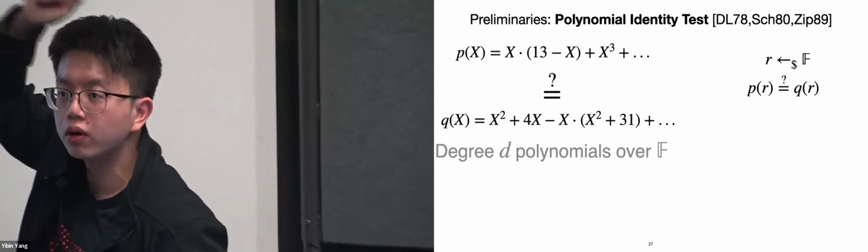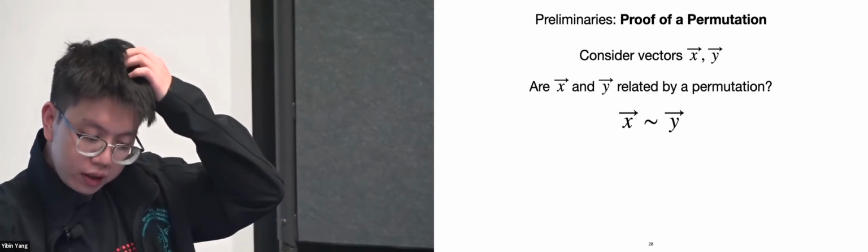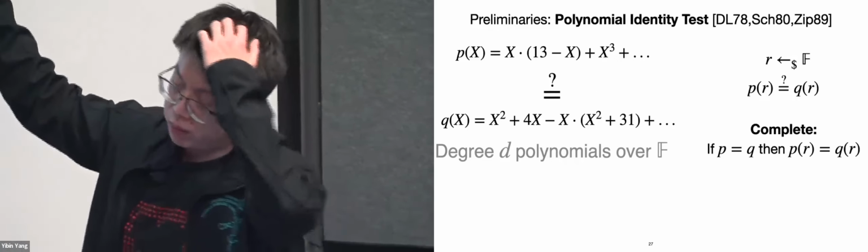It's simple: the verifier just issues a random challenge, and the prover just proves to the verifier that these 2 polynomials evaluate to equal values at this random point r. This is called the Schwartz-Zippel lemma, if you're familiar with it. To prove that 2 polynomials are equal, just issue a challenge, compute at this random point, and show their equality.